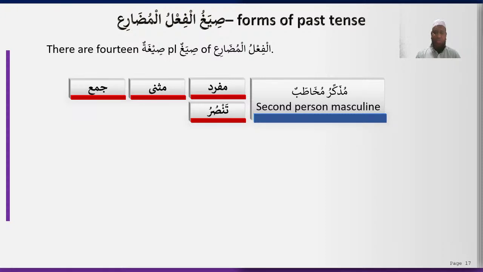Because this is مفرد مخاطب, you cannot have اسم ظاهر as the fa'il, because the fa'il is already built in. تنصر. So what is the fa'il? We cannot see. It is mustatir.